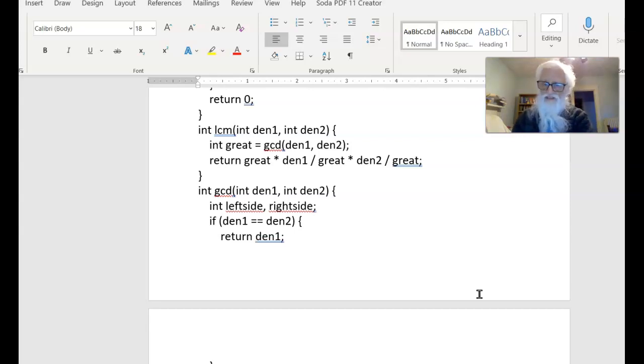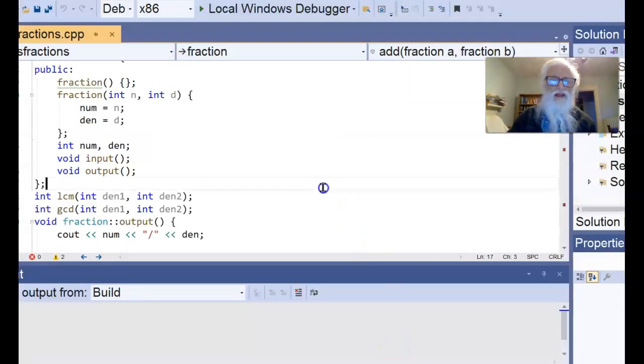I get rid of it in both of the others, and whatever is left by those divisions is the unique things in denominator 1 and denominator 2. So those two were like functions I needed to make things work. Now let's look at the program and we'll be able to run it.